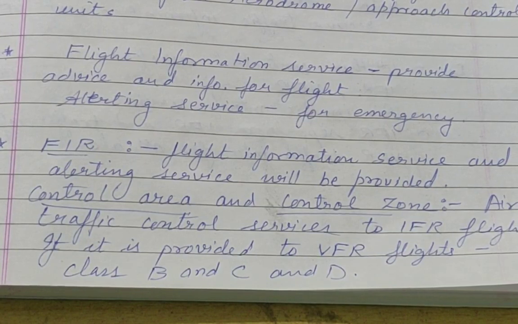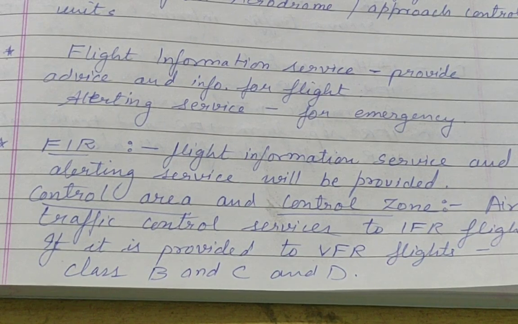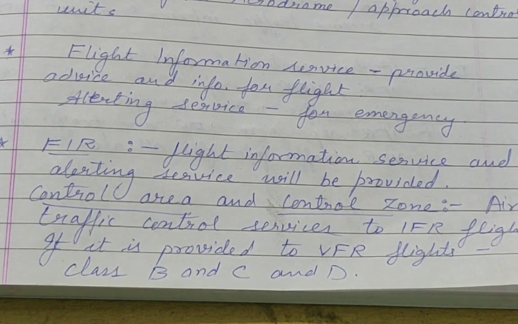FIR means flight information region. These are the portions of airspace where flight information service and alerting services are both provided. Next come the control area and the control zones. These are the areas in which air traffic control services are given to IFR flights.